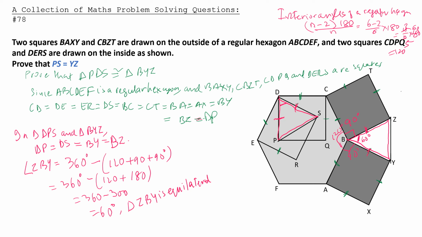Because the other two angles have to be 60 degrees, because you see 180 minus 60 is 120, and 120 divided by 2 is 60. So all these angles are 60 degrees. So triangle ZBY is equilateral.